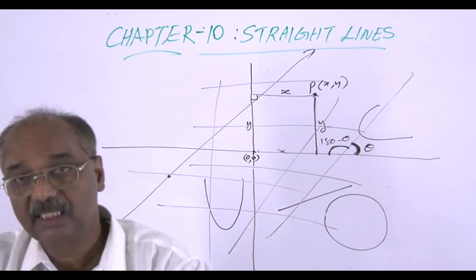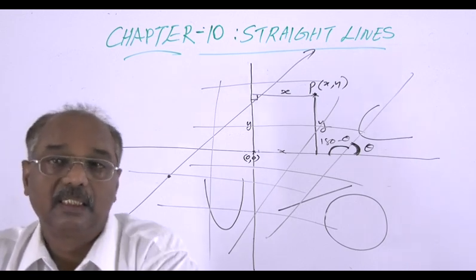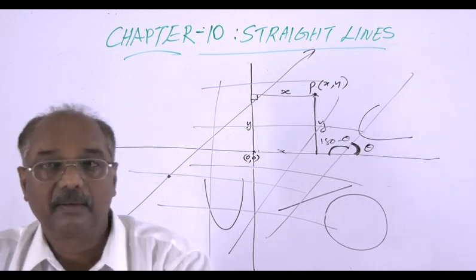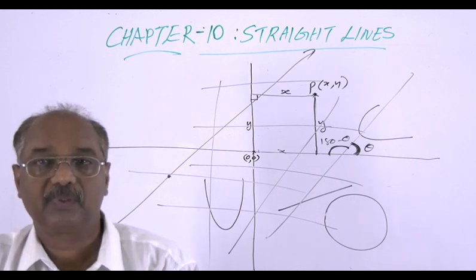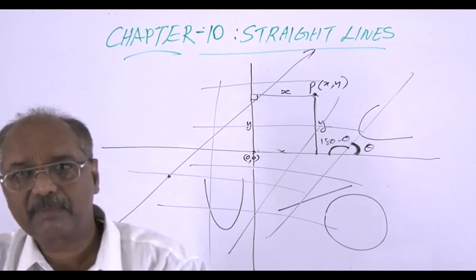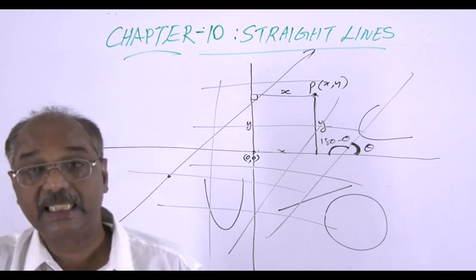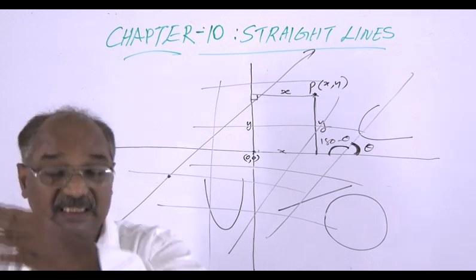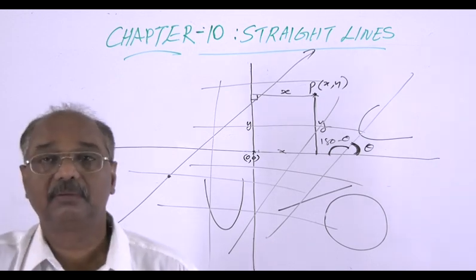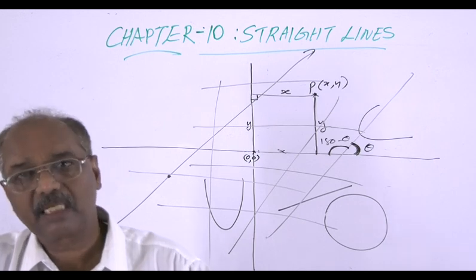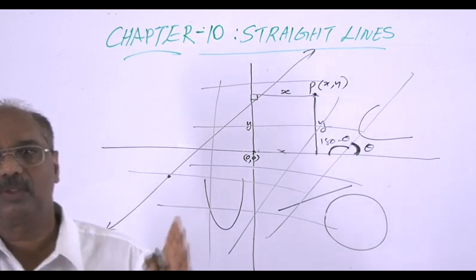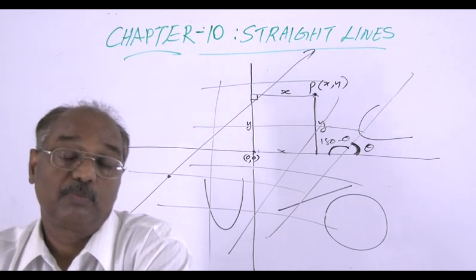So we will have a value, a measurement for this inclination. Inclination means the slope. So the measurement is known as the slope of the line.